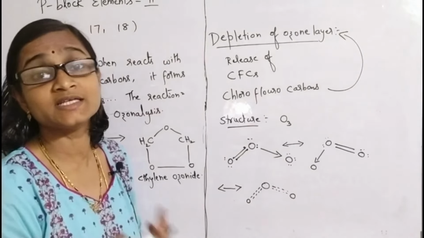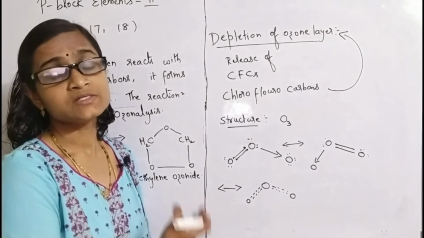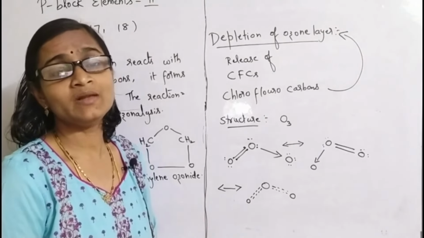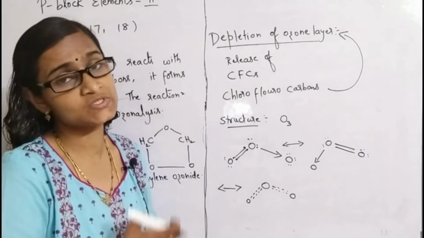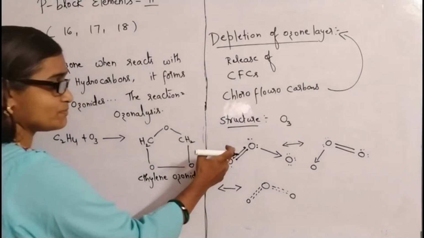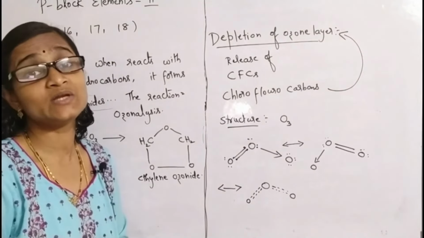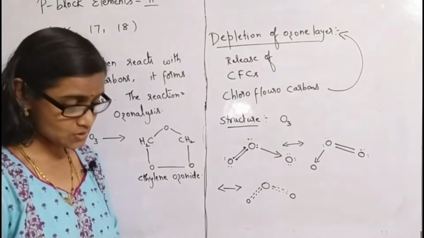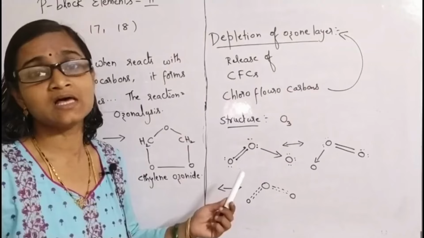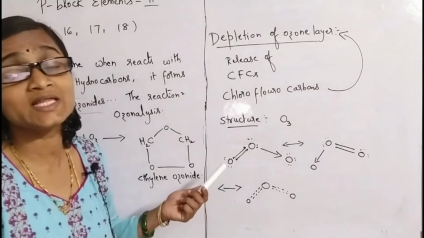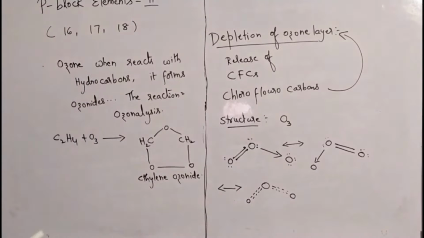You call it the resonance phenomenon. Generally this double bond can be shifted from here to here, so that resonating structures will come. So the ozone molecule is undergoing resonance, and the resonance phenomenon can be observed in the ozone molecule.